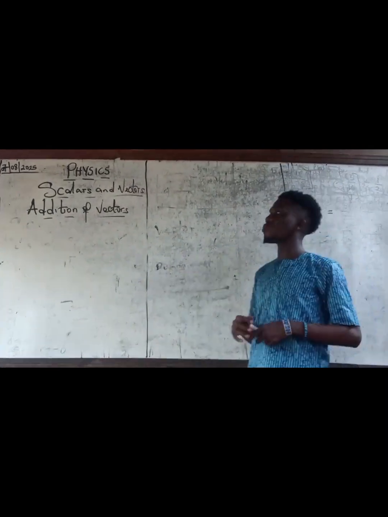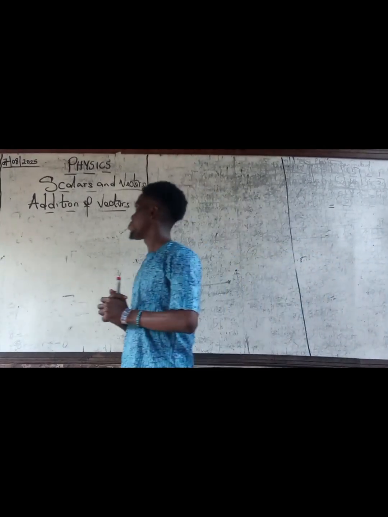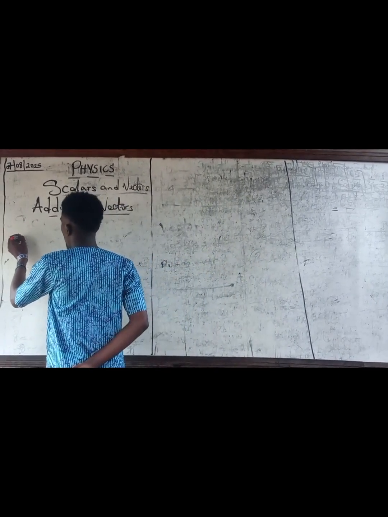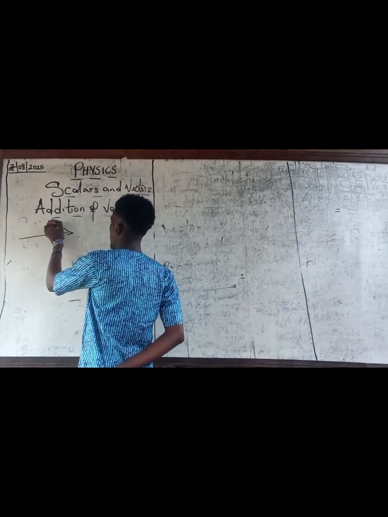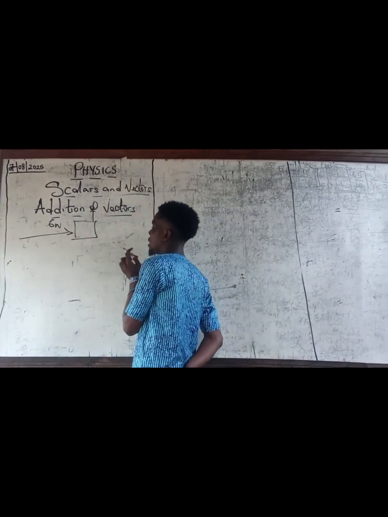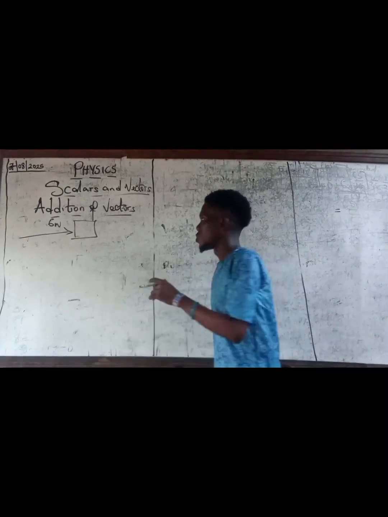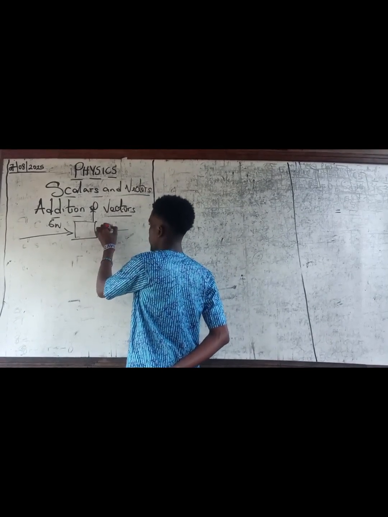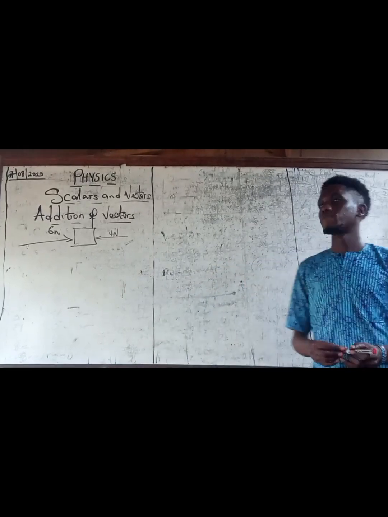Before I get into those methods, let me give an instance. If you apply a force of 6 Newton on a load, and you have a frictional force opposing this motion, let's say the frictional force is 4 Newton.